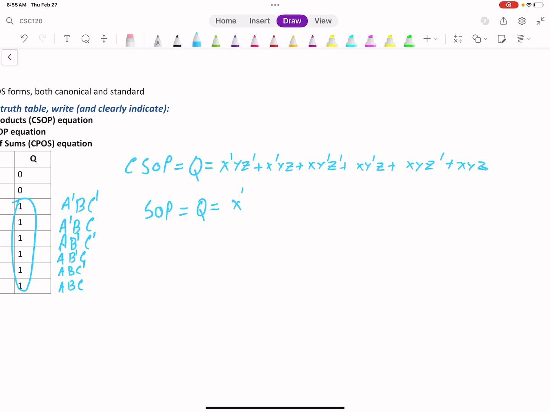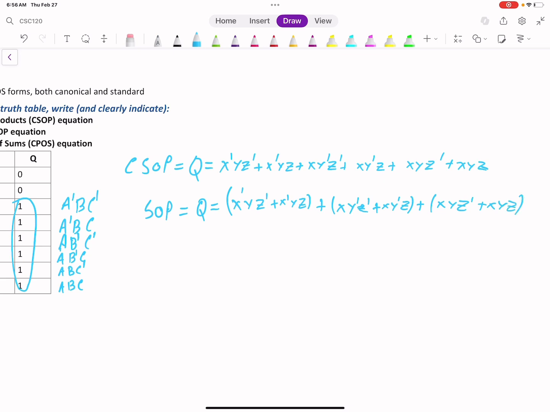Let's say X prime Y Z prime plus X prime Y Z together, and then plus X Y prime Z prime plus X Y prime Z, then plus X Y Z prime plus X Y Z.